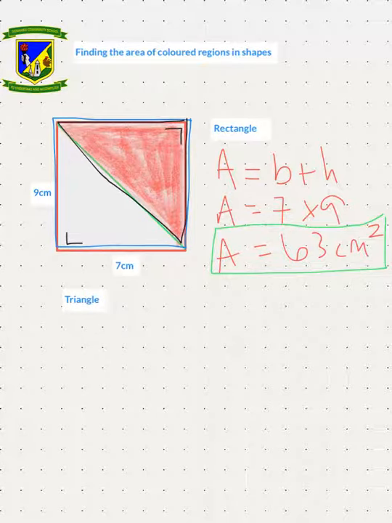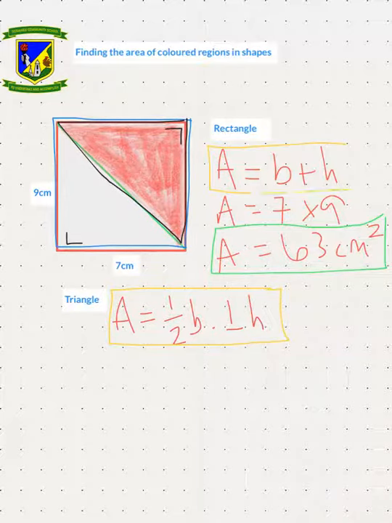So, how do I calculate the area of a triangle? Well, the area is given by half the base times the perpendicular height. If you're unsure about this formula, you can refer to the video that I've just uploaded that explains why I use that formula to calculate a triangle. If you're comfortable enough with it, then just continue watching this.